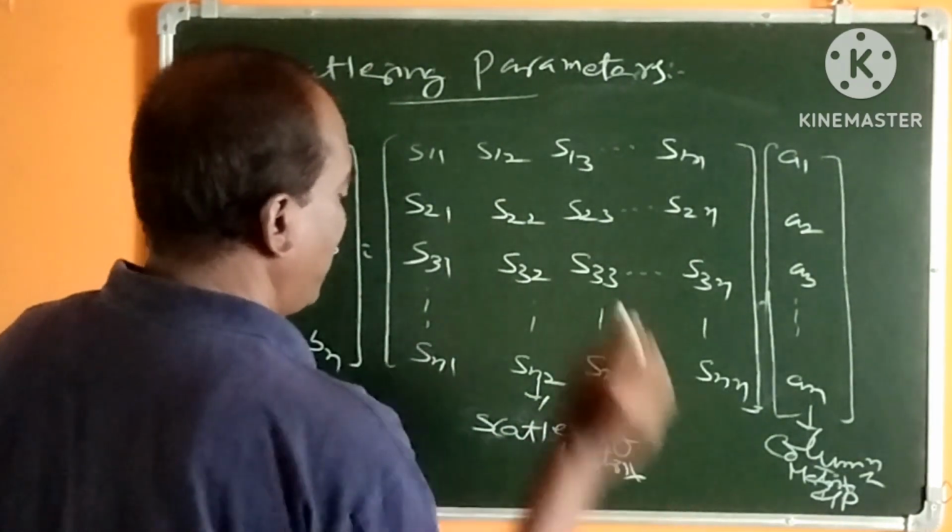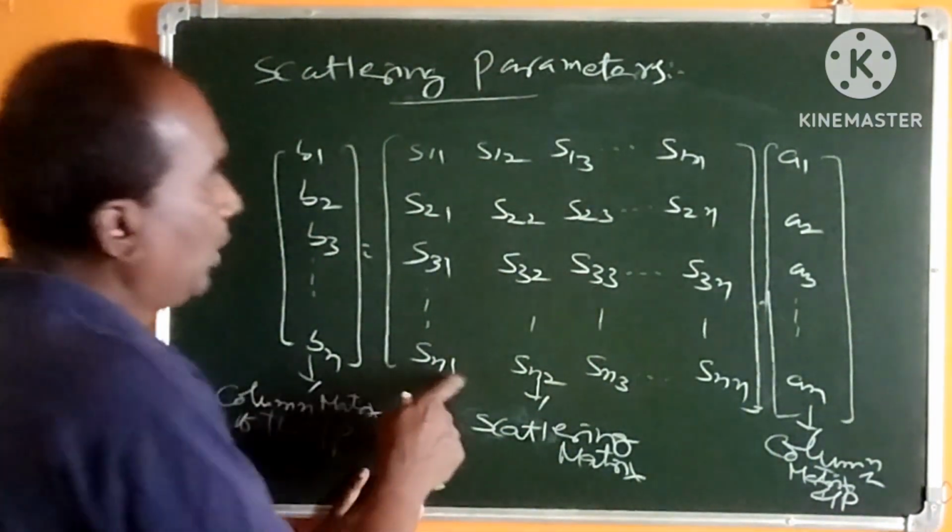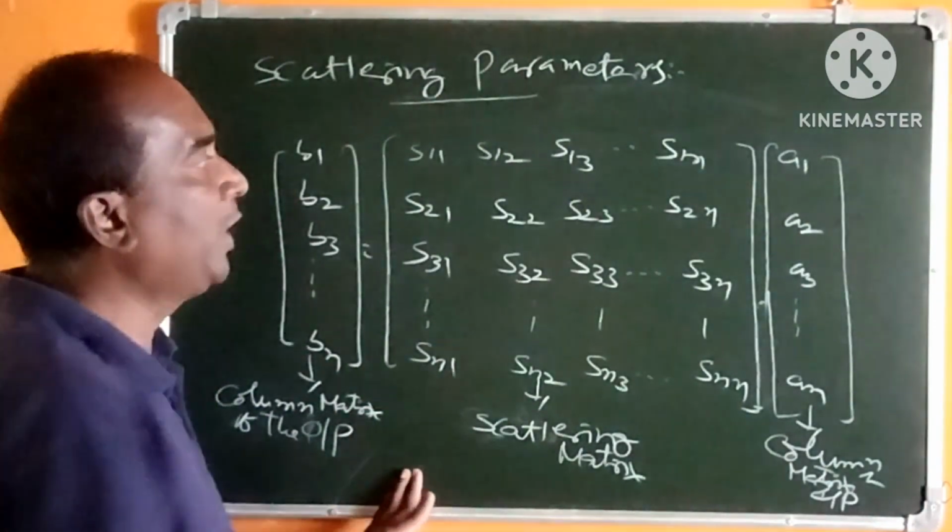The scattering matrix is a square matrix.